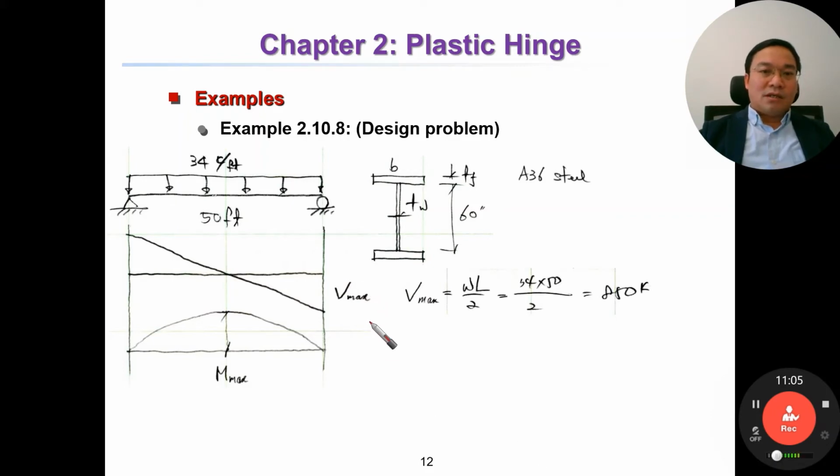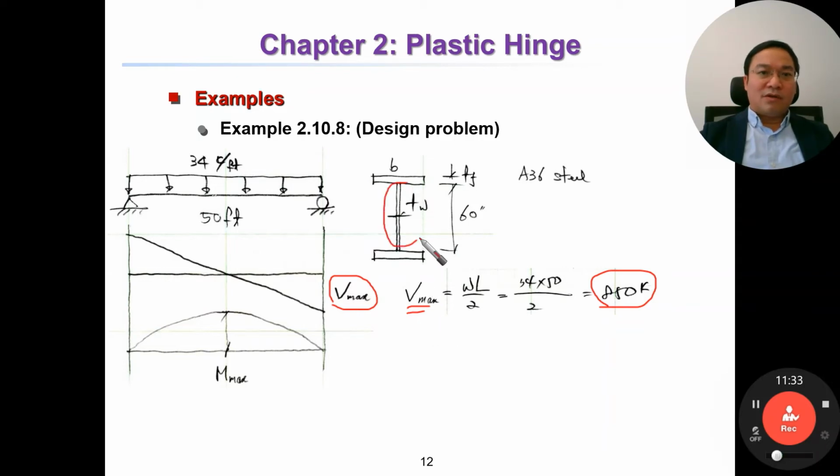Then the second condition is V. We have V max equal to WL over 2, or equal to this one, 850 kip. Then what is the effect of V and which part of the section observes the shear force?